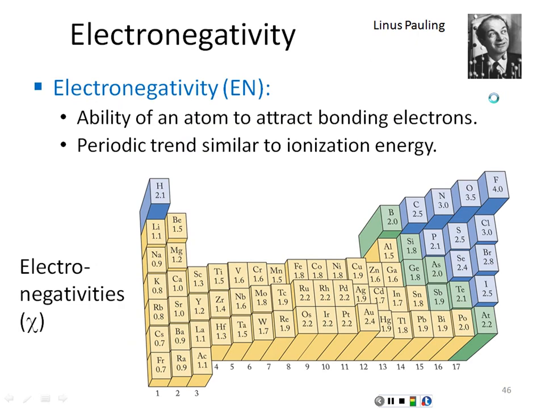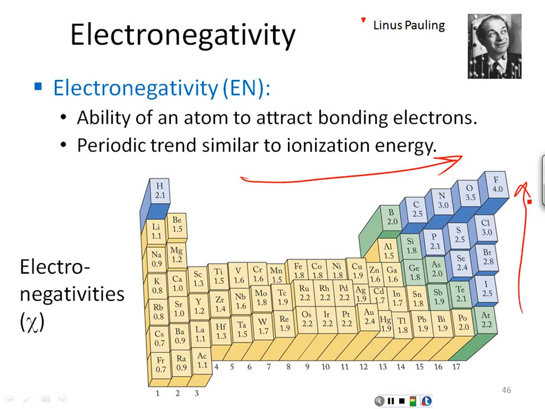And this whole idea of electronegativity came from Linus Pauling. And again, electronegativity is the ability of an atom to attract bonding electrons. And the periodic trend, as you might expect, is very similar to ionization energy and to electron affinity. And that is, when we go across a period or up a group, electronegativity increases.